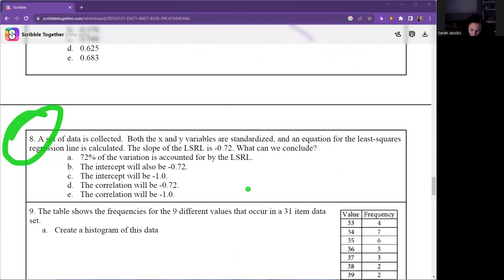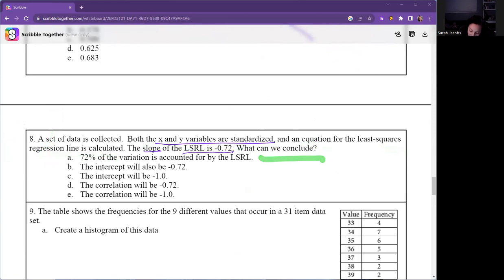All right, so question 8, this is a newer one. This is a Unit 2 one. Both the x and y variables are standardized, and an equation for the least squares regression line is calculated. This is what's important. The x and y variables are standardized. The slope of the least square regression line is negative 0.72. What can we conclude?